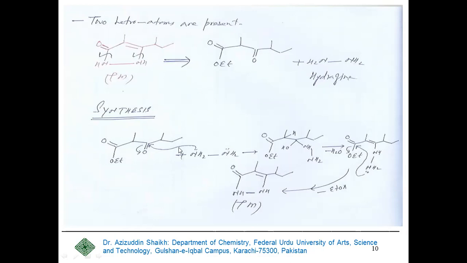In the synthesis, hydrazine reacts with this carbon and as a result OH is formed, and in the next step, with removal of a water molecule, a double bond will be obtained. Then the nitrogen lone pair attacks this carbon, and the ethoxy group is a good leaving group, so ethyl alcohol will be removed and we will obtain our target molecule.